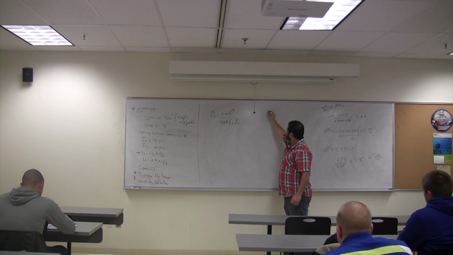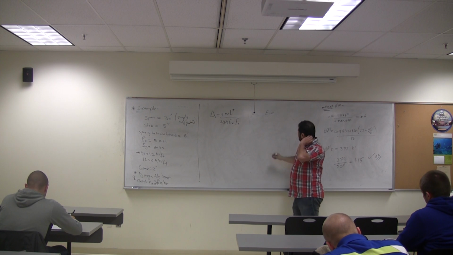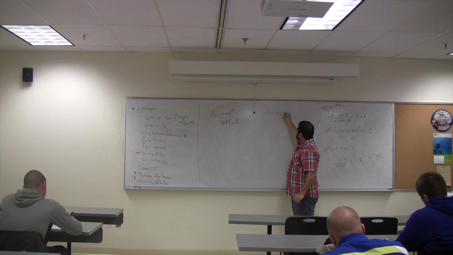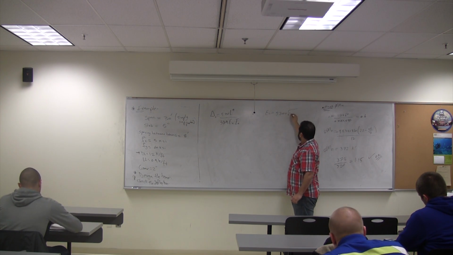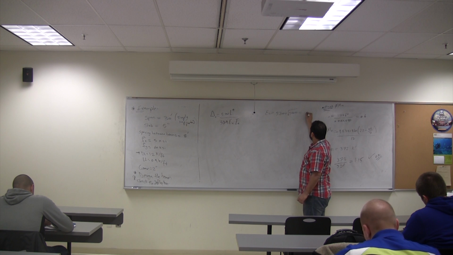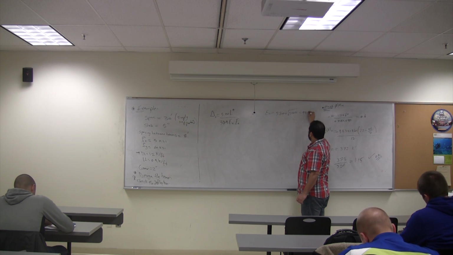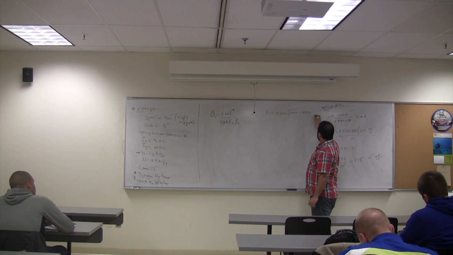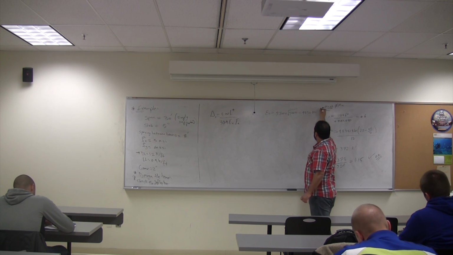What's Ec, by the way? 57,000 square root of 5,000. How much? 4030.508. 4,030. That's it. This is ksi, right?